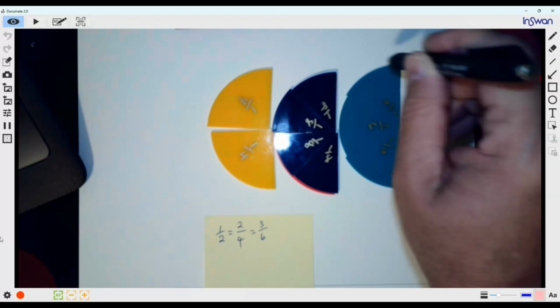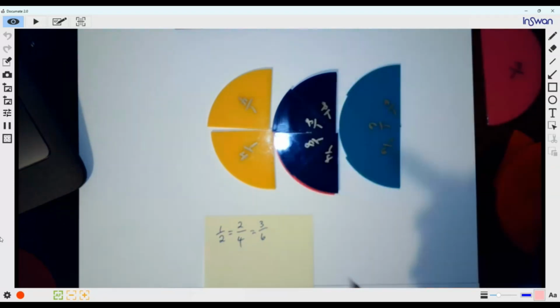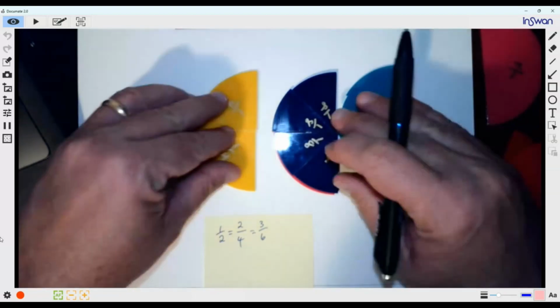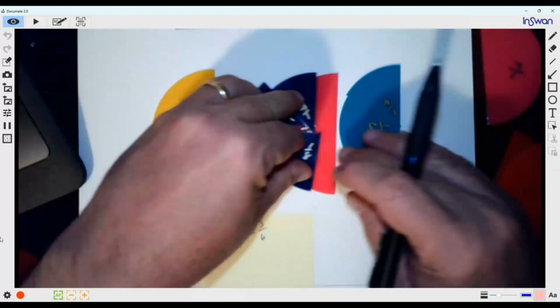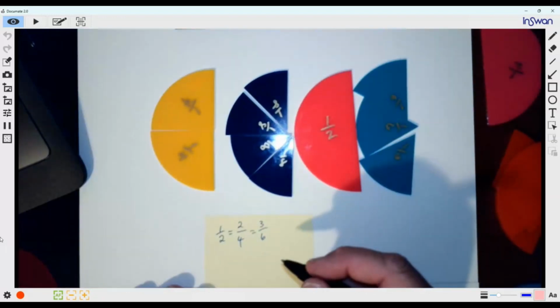I would need 4 more to make a whole. So each one of these pieces is an eighth, and I have 4/8.